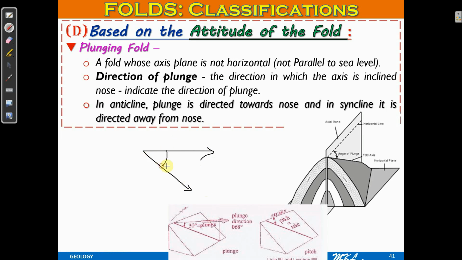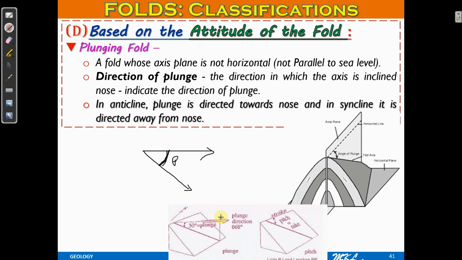This angle is called the plunging angle. This angle will give you the sense of plunging. So if your fold axis is inclined and making an angle with the horizontal plane, then you will say that fold is a plunging fold.